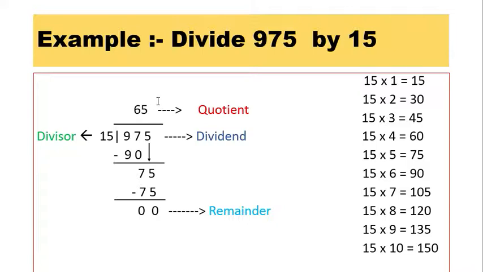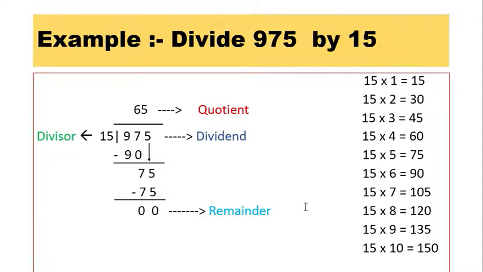So 15 5s are 75. Write 75 here, and minus: 5 minus 5 is 0, 7 minus 7 is 0. So the remainder is 0. 65 is the quotient. 975 is the dividend, 15 is the divisor and 0 is the remainder.